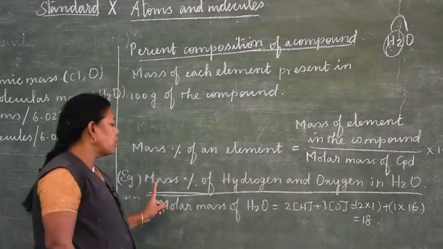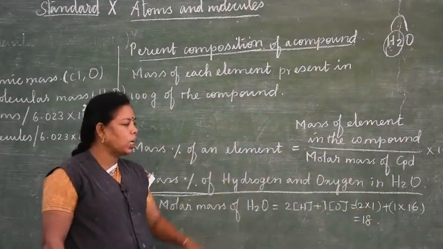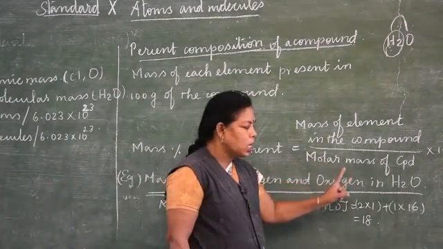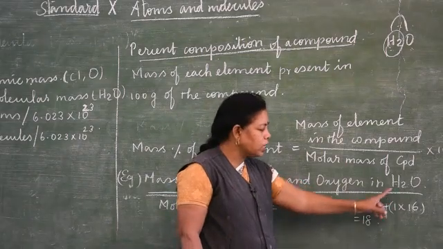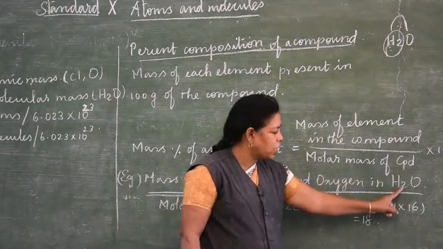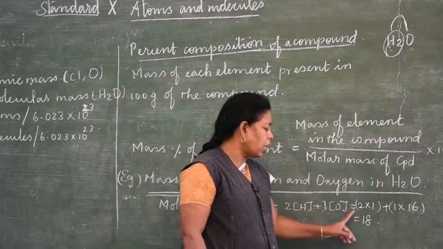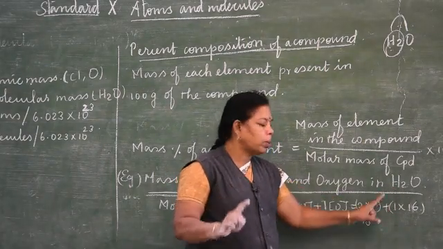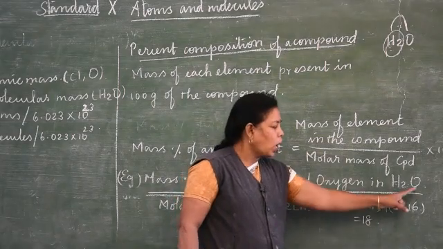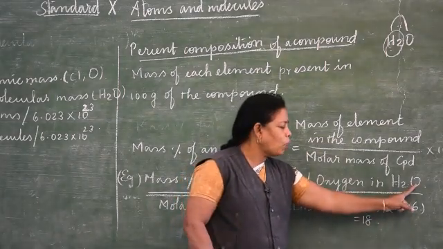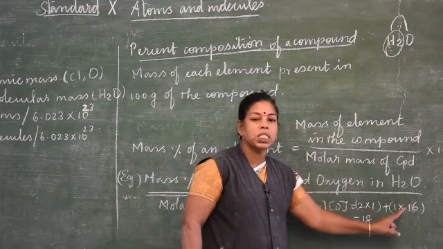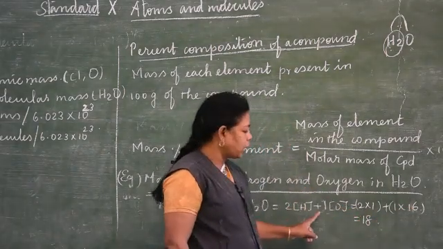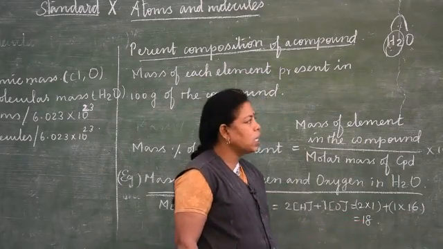Now we will see the mass percentage of hydrogen and oxygen in water. First we need the molar mass. How many hydrogen atoms are there? 2. How many oxygen atoms? 1. The mass of 1 hydrogen atom is 1, so 2 into 1 is 2. The mass of an oxygen atom is 16, and with only 1 oxygen atom, 1 into 16 is 16. Adding these, the molar mass of water is 18.